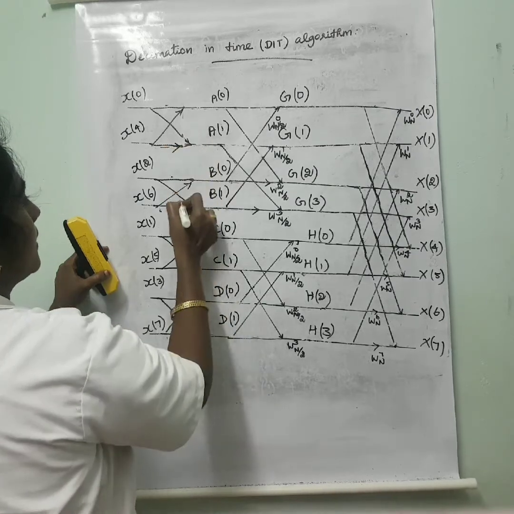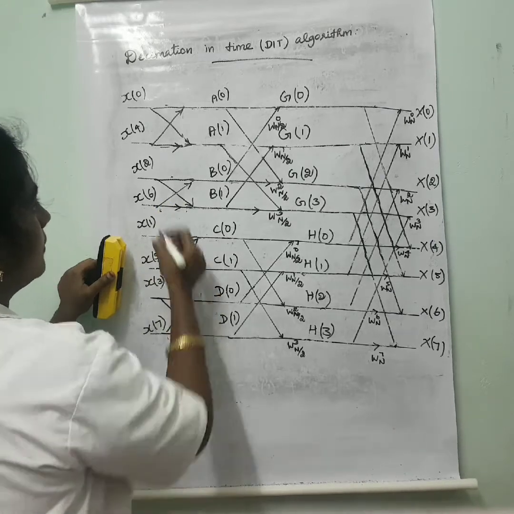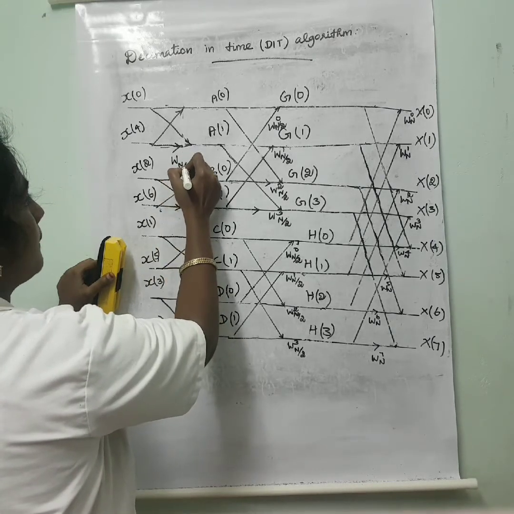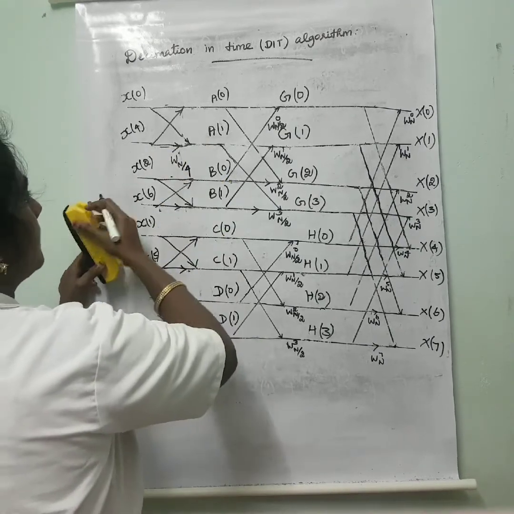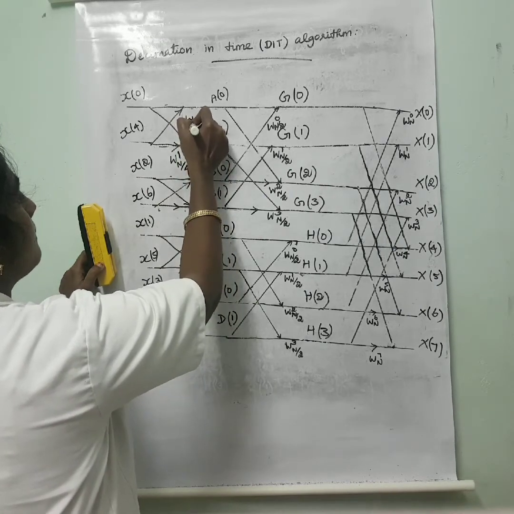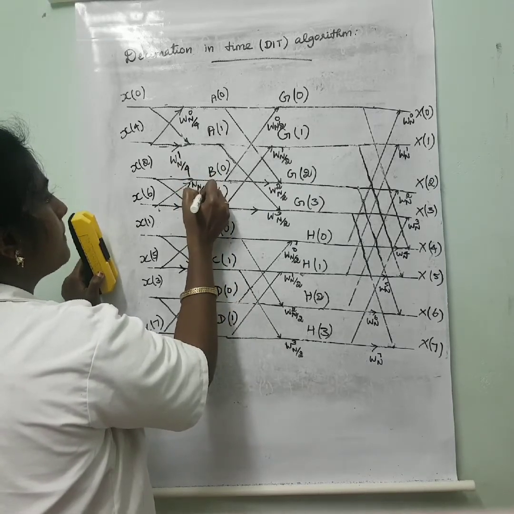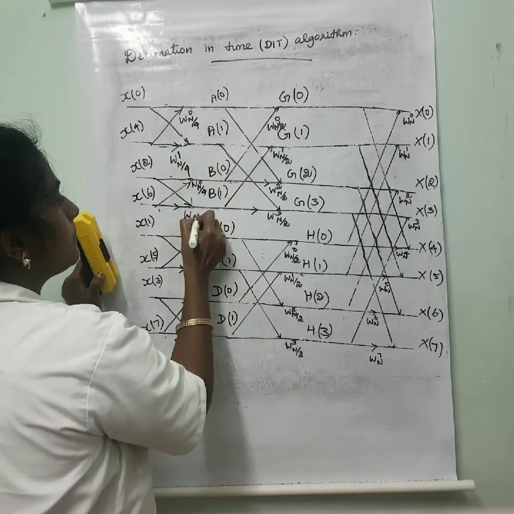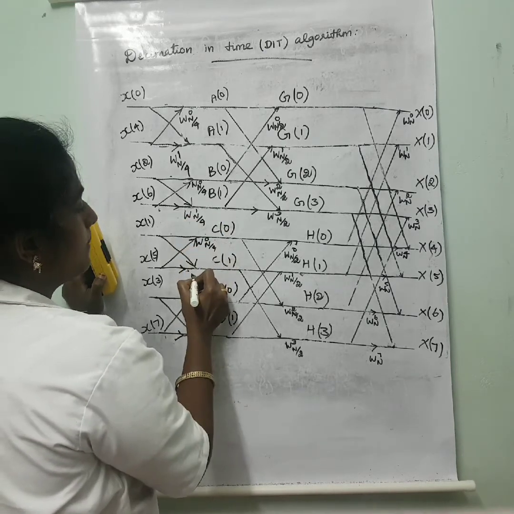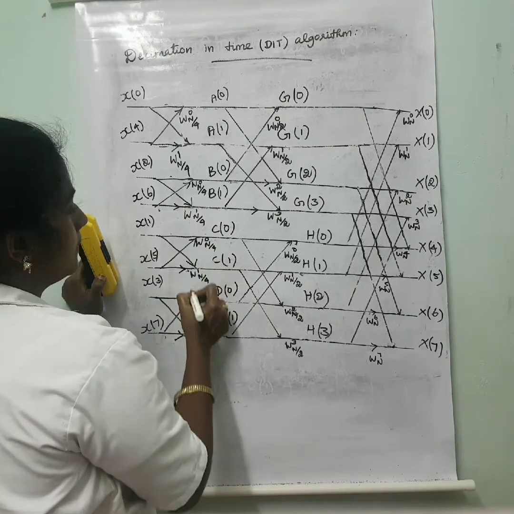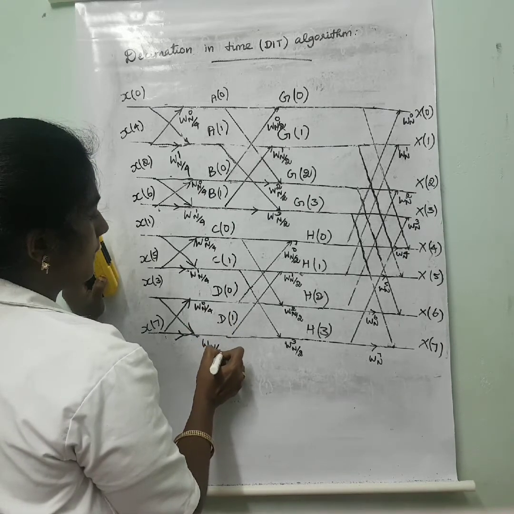So here you will get one arrow, that is for a twiddle factor. So the twiddle factor is wn power 0. Here it is 1, wn by 4 power 0, wn by 4 power 1. Similarly, wn by 4 power 0, wn by 4 power 1, wn by 4 power 0, wn by 4 power 1, wn by 4 power 0, wn by 4 power 1.